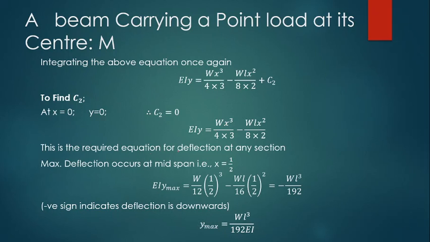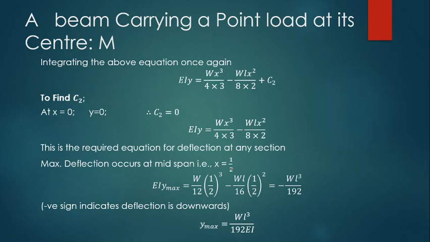Now, in order to calculate the maximum deflection, you have to know the point where maximum deflection occurs. But this is a symmetrical case. For a symmetrical loading case, you will always get maximum deflection at the center.